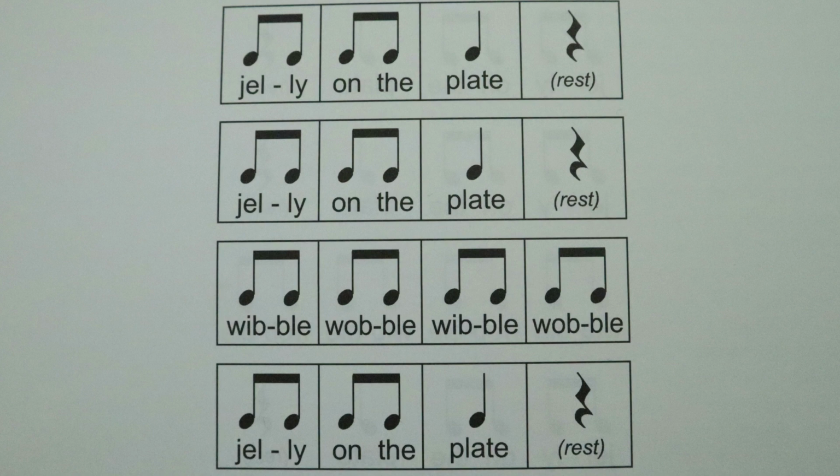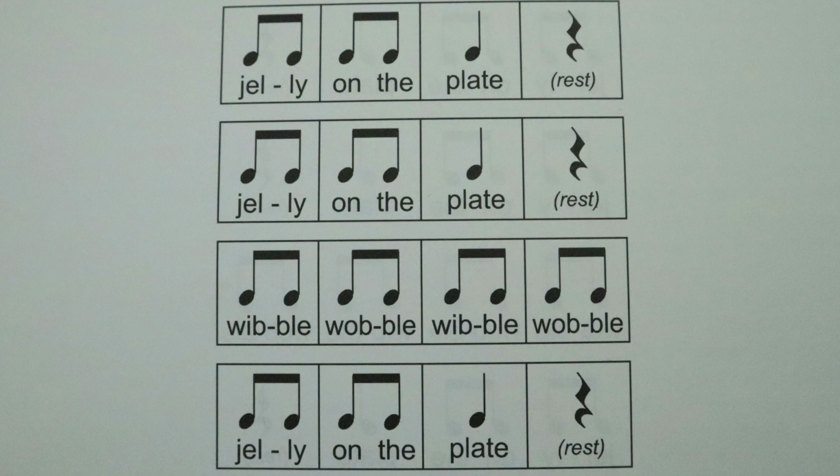Let's have a look at the rhythm. Now, I'm going to get my video fairies to put a picture on the screen, which should arrive now. So I've got here what's known as a rhythm box, and that splits up the beats of the bar so that you can very clearly see where each section of the rhythm falls.